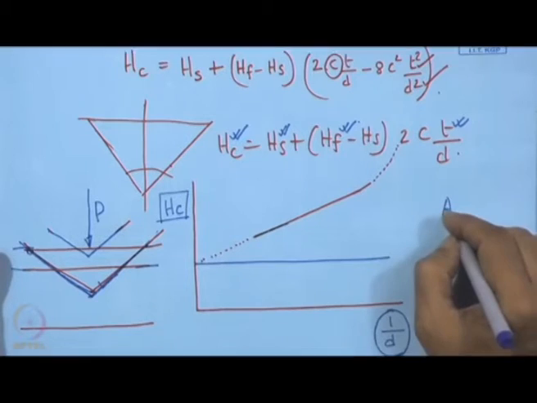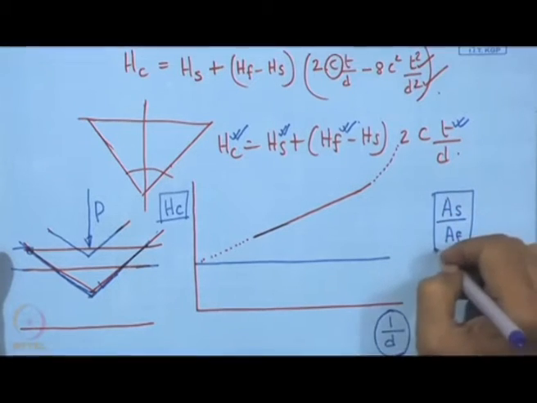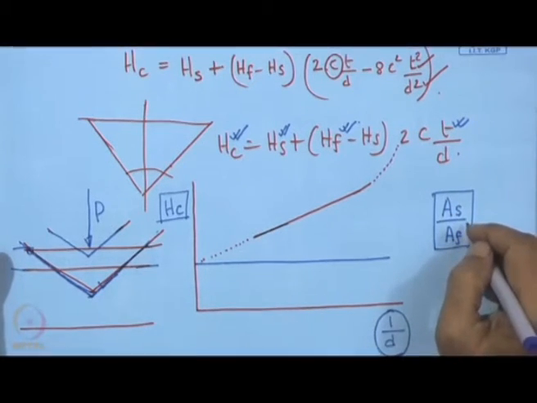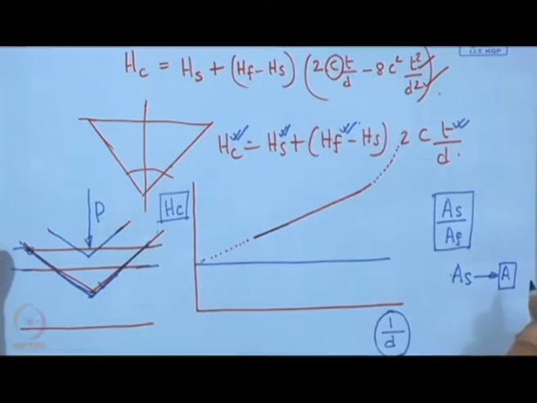That means, this As by Af. So, if As is more compared to Af, or if As is approaching A, that is the total area of indentation, then the composite hardness will be coming very close to the substrate.